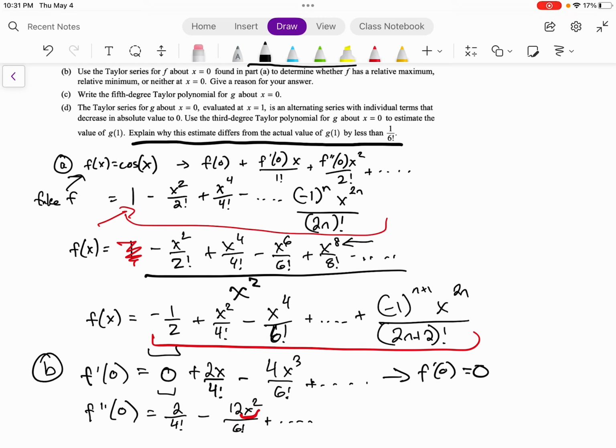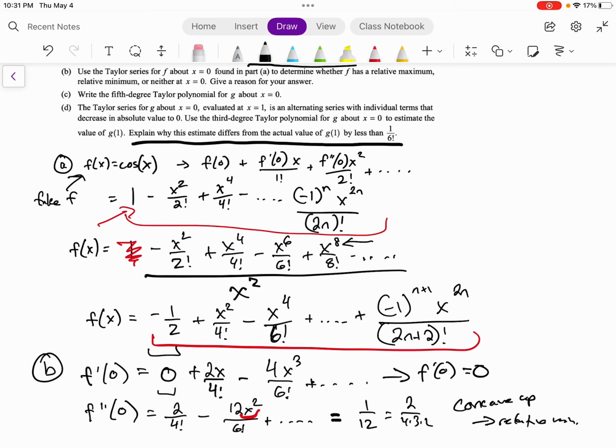So the second derivative at 0 is really 1 over 12. It's really 2 over 4 times 3 times 2. That's how I got 1 over 12. So because the second derivative is positive and the first derivative is 0, it's concave up, and we can say this is a relative min.